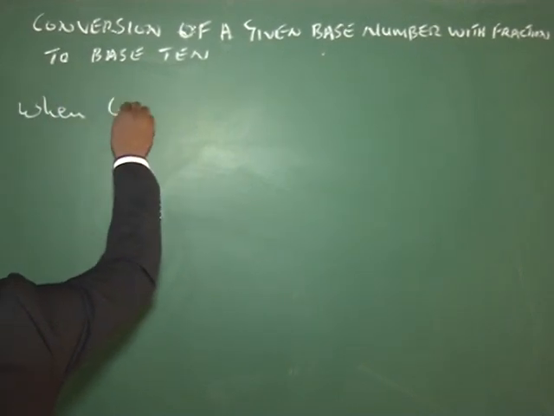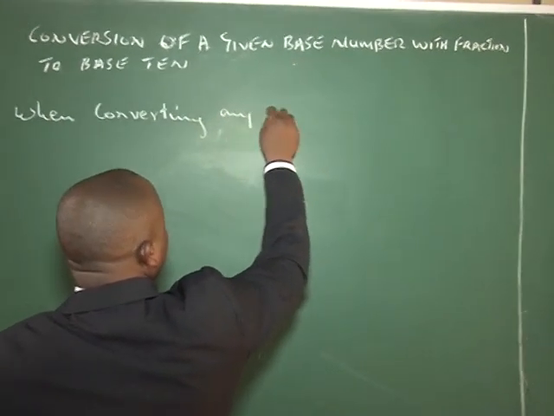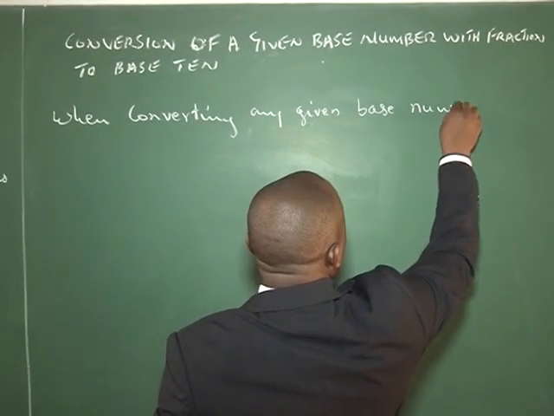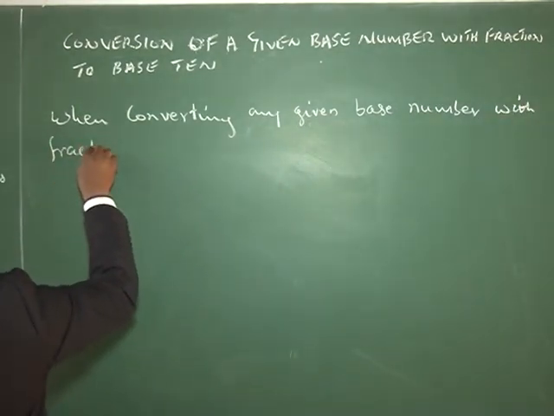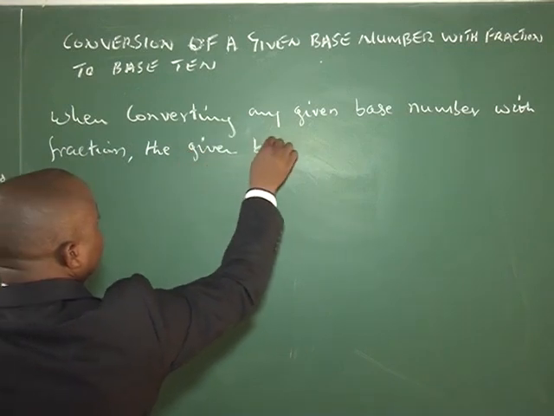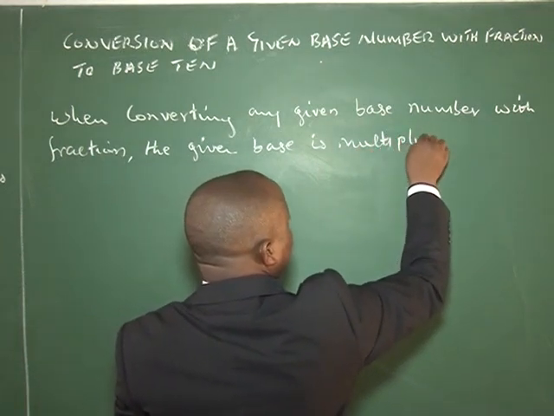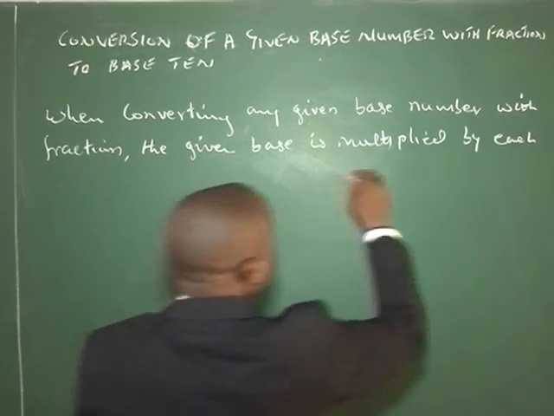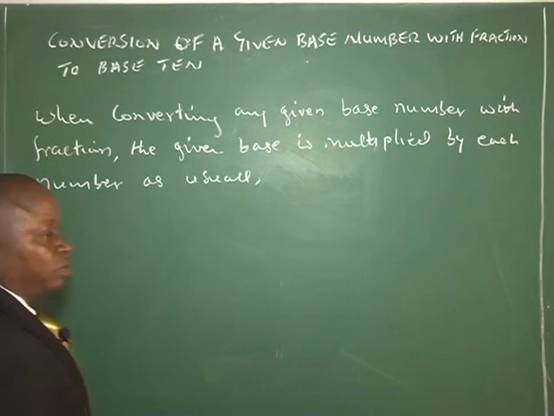When converting any given base number with fraction, the given base is multiplied by each number as usual.